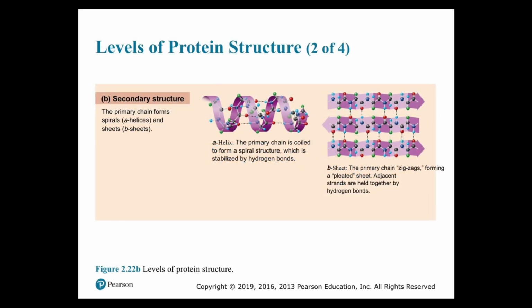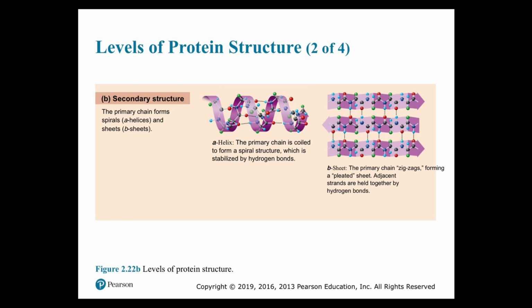Figure 2.22b shows the secondary structure of proteins, and here we see the results of hydrogen bonding. I did not mention it before, but hydrogen bonding is responsible for this secondary structure of proteins.